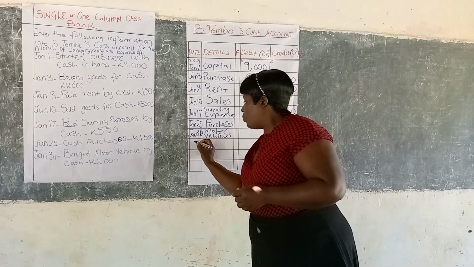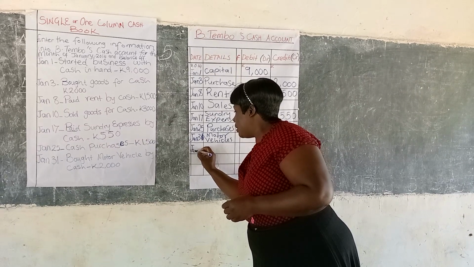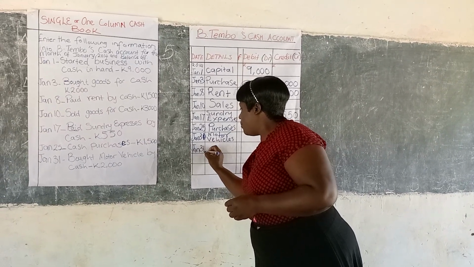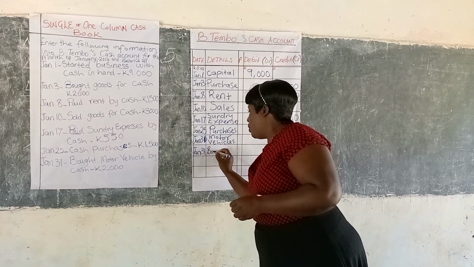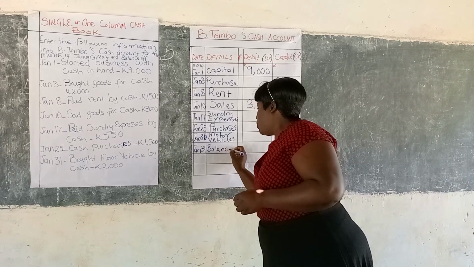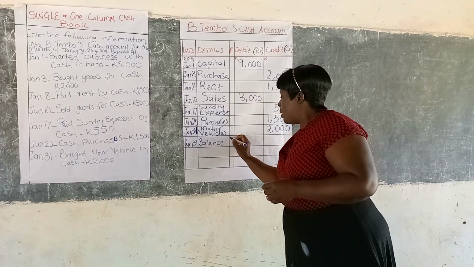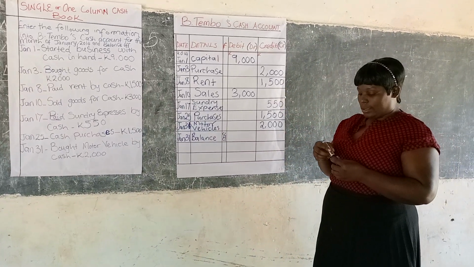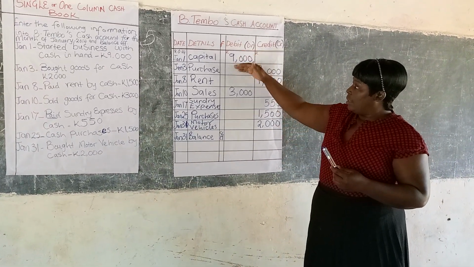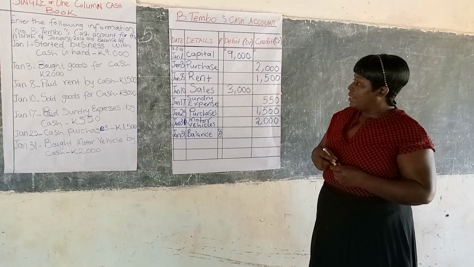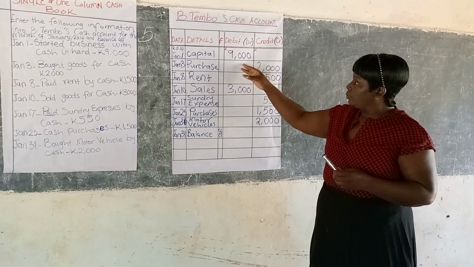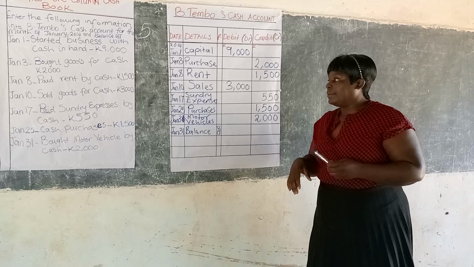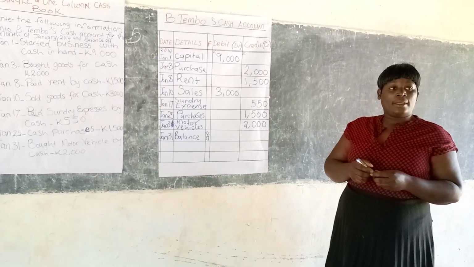So you record the last date of the month, and then in the details column you write balance carried down, because you want to balance off. You are going to add the figures. You add the figures for the credit side and the debit side, so you compare the two.